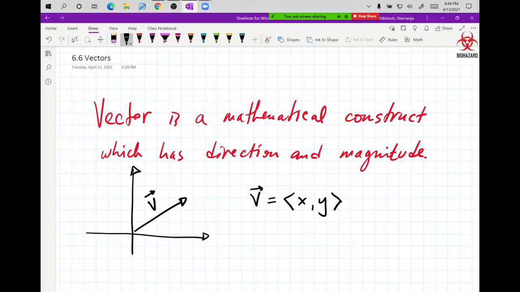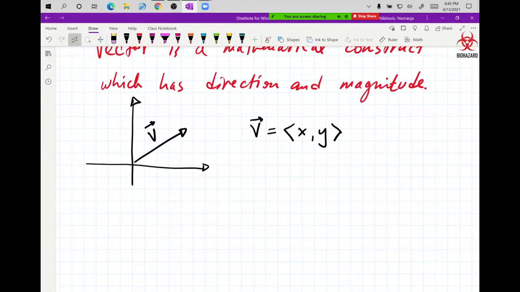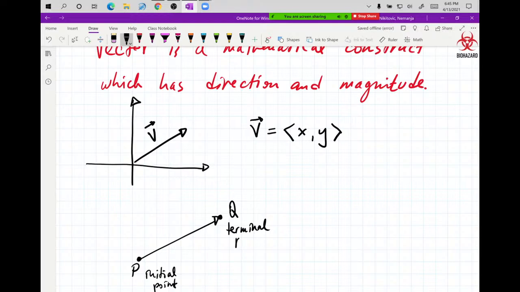Now a vector is going to connect 2 points: the initial point P and the terminal point Q. Point P is going to have, let's say, x1, y1 coordinates, and point Q is going to have, let's say, x2, y2 coordinates in the coordinate system.